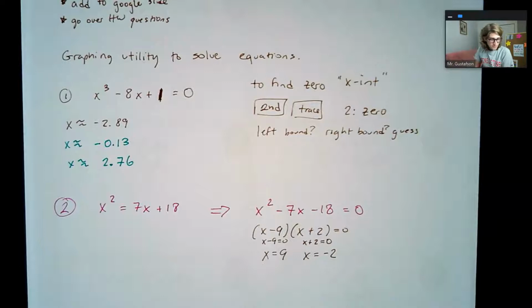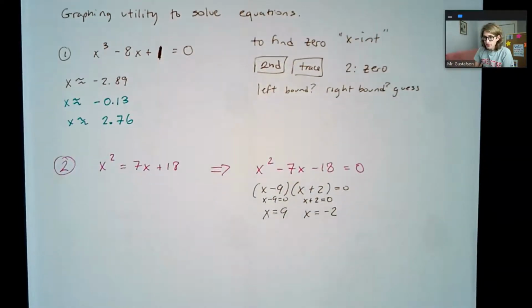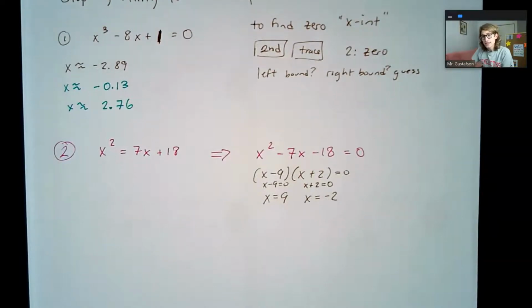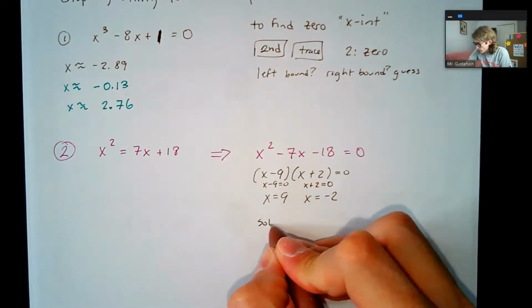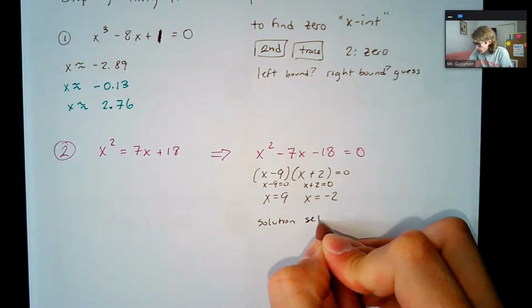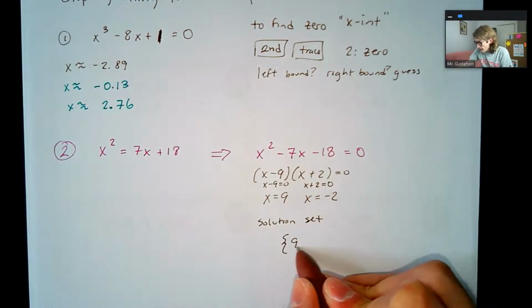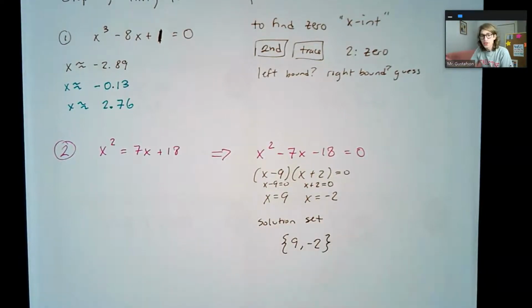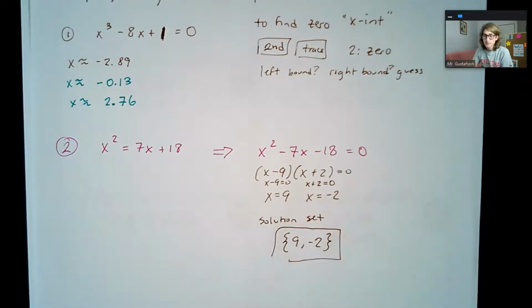There is one thing that I want to show you from this answer, is another way to write a solution. So our solution set we can write as 9, negative 2 with the curly brackets. So this would be an acceptable answer. You'll see that on Math Excel.